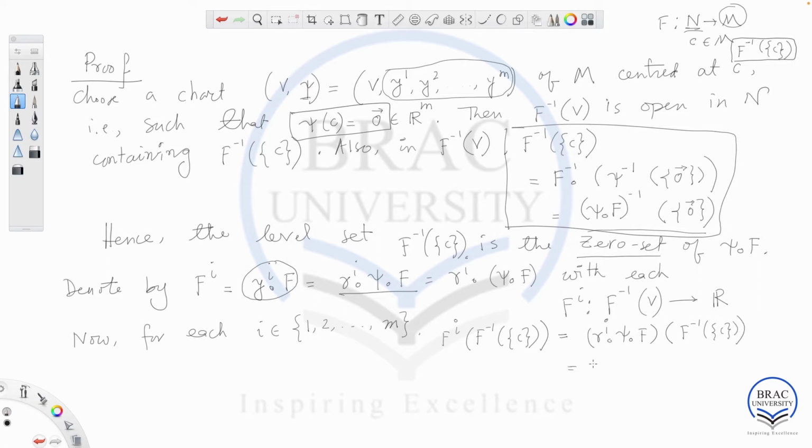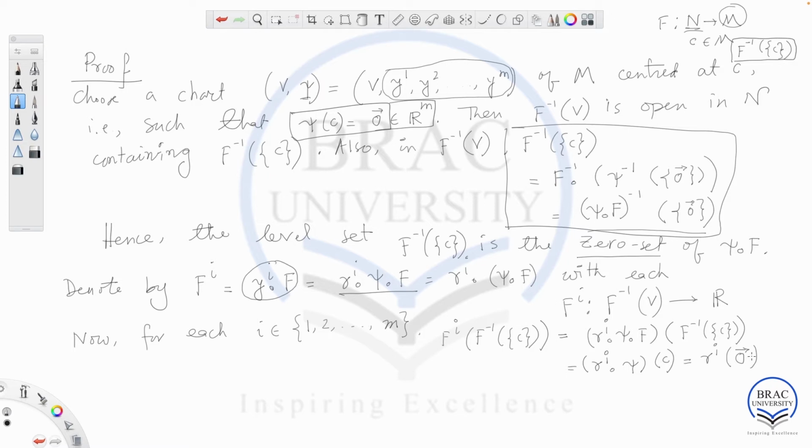So this is equal to Ri composed with psi of C. And we know that psi of C is the zero vector in the m-dimensional Euclidean space, right? So this is equal to Ri of the zero vector.